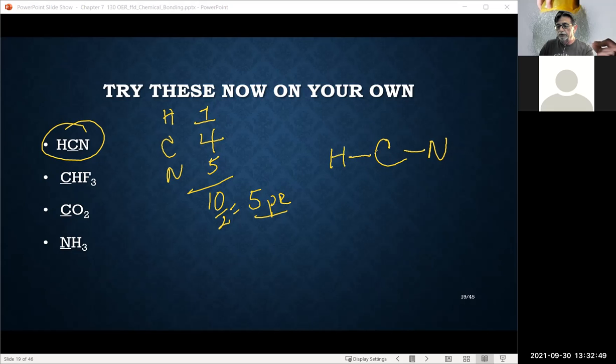Okay, guess what? That took care of 2 pairs. So in my little grocery list of valence electron pairs, I can subtract 2 pair. So now what I got left over is 3 pair, okay? I got to put them someplace. Now, can I put them on hydrogen? Can I add a lone pair to the hydrogen?